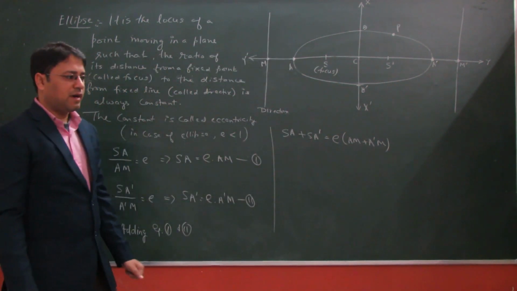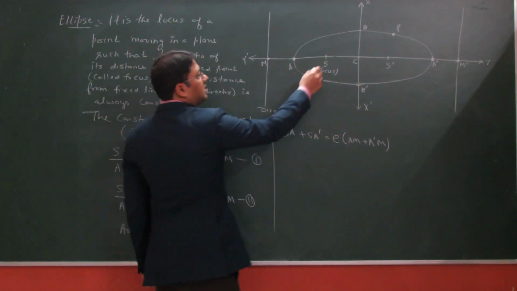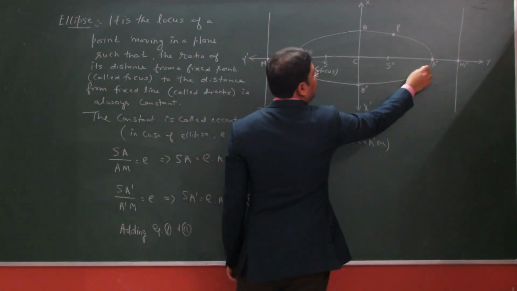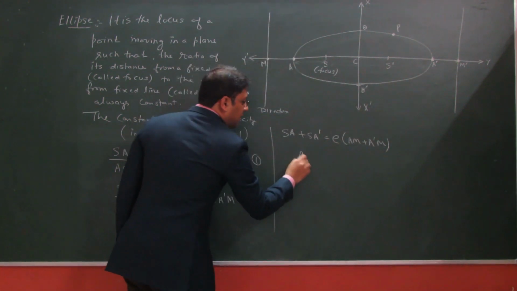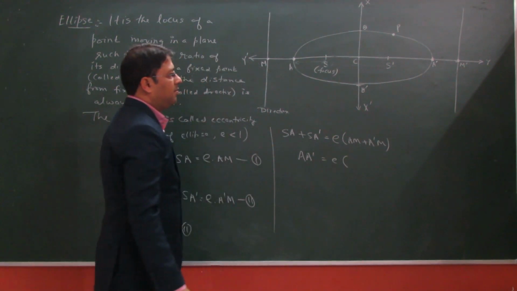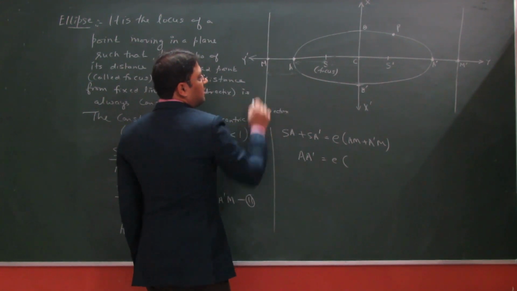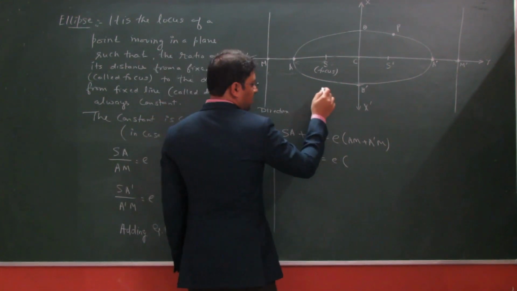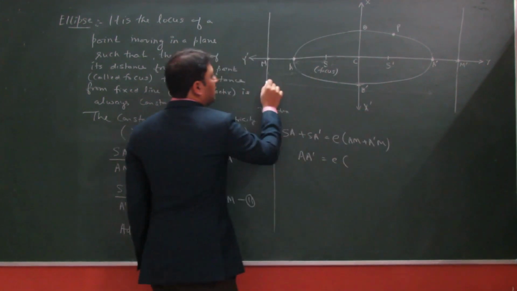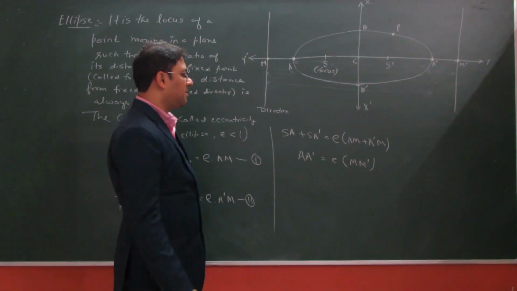As you might have figured out, SA is this much and SA dash is the remaining distance, so we get AA dash is equal to e times (AM plus A dash M). AM is this distance and A dash M is the total distance from here to here, so that is e times MM dash.